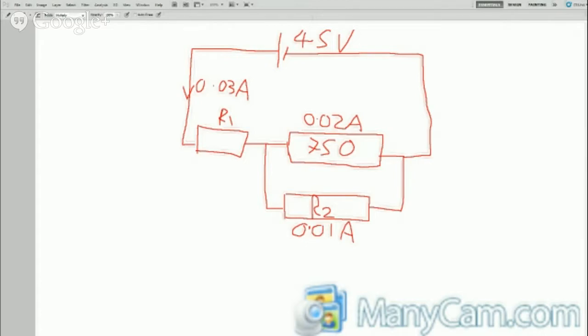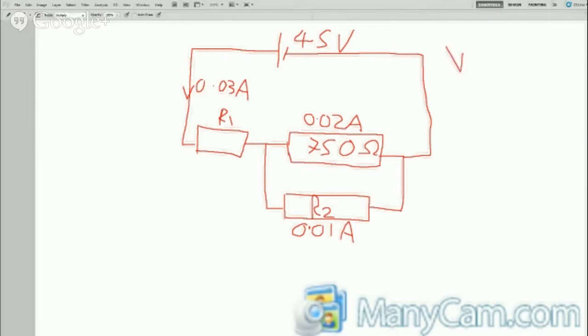If we know the current and the resistance, we can find the voltage across this resistor. And the voltage across this resistor must be the same as the voltage across this one. If we can get the voltage and current across this one, we can use Ohm's law to find out its resistance.